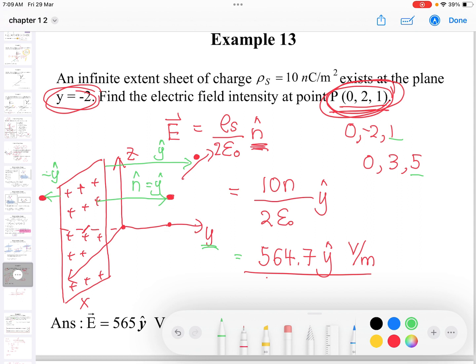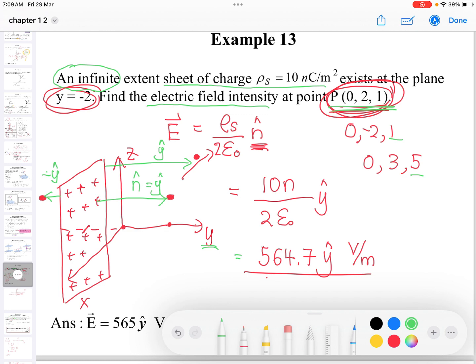You can see this is the electric field intensity from an infinite sheet of charge. The surface charge density is given, and this sheet is located at the plane y equals -2. Find the electric field at these positions.